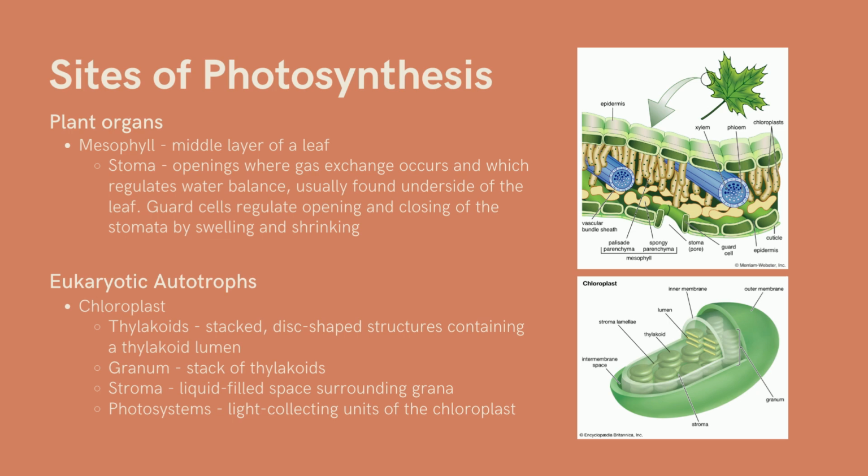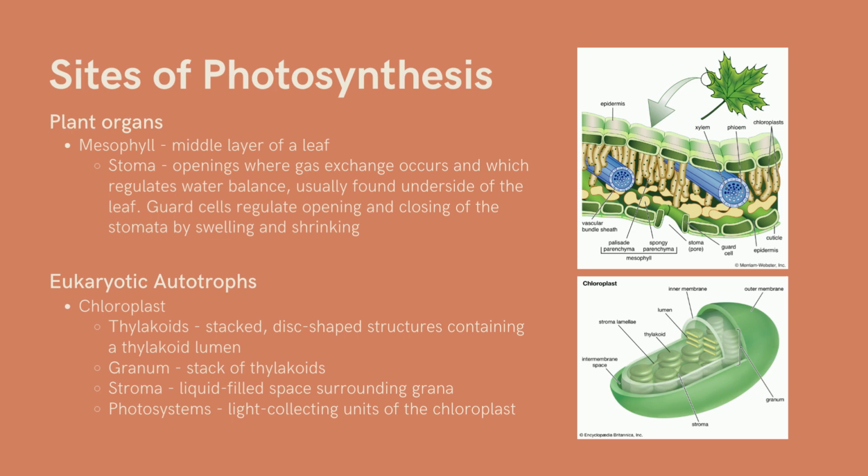In eukaryotic autotrophs, such as plants and other organisms, we have an organelle called the chloroplast. This is the main site of photosynthesis. Inside the chloroplast, we have thylakoids. Thylakoids are disc-shaped structures containing the thylakoid lumen.